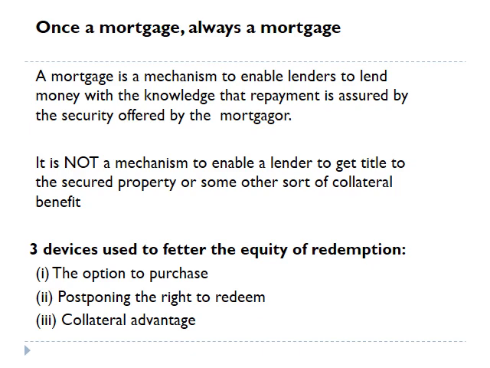And what the mortgage said was simply this, that the brewers would lend the money to the hoteliers, but the hoteliers had to purchase beer from the brewers for the period of the loan. Now, that was one thing, that's a collateral advantage of the mortgagee. But of course, where things got out of hand was, for example, where that collateral advantage went beyond the period of the loan. And in that case, it was seen to be a fetter on the equity of redemption. And we will look at a couple of cases like that.